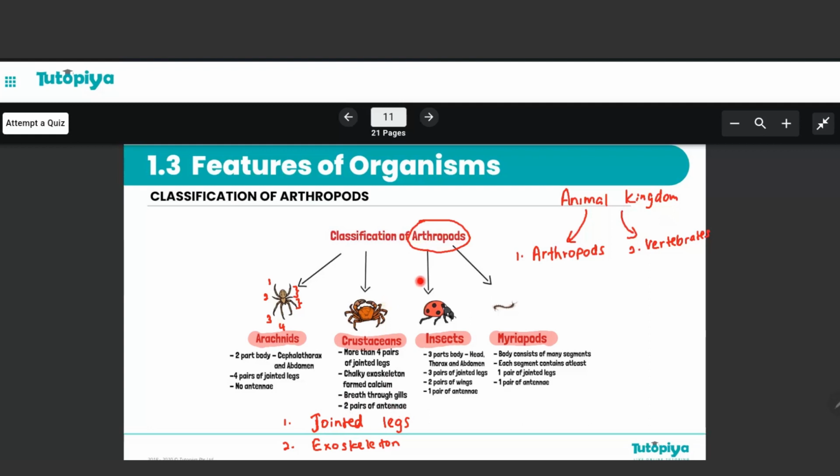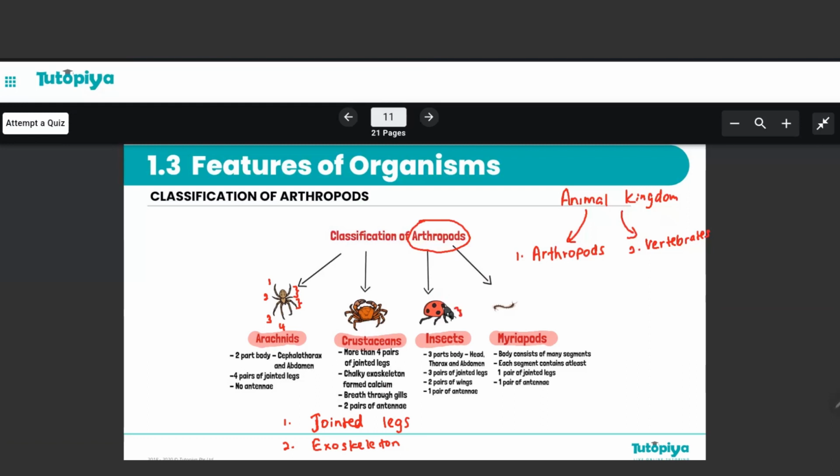Then moving on to the third group of arthropods, which are the insects. Now, this is a group that we are very well familiar with. We see ants and mosquitoes and so many types of insects on a daily basis. So when we talk about the insects, the body of an insect basically has 3 parts.